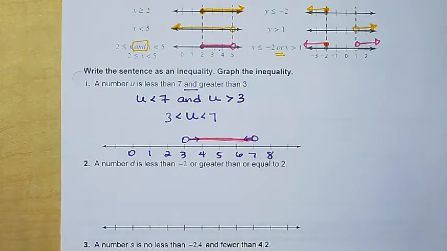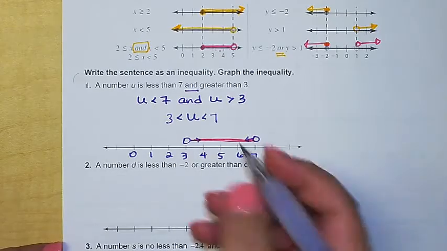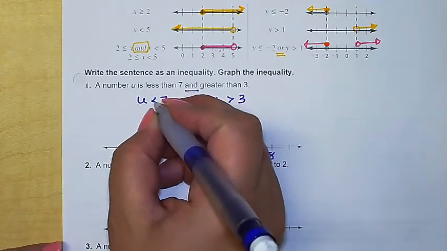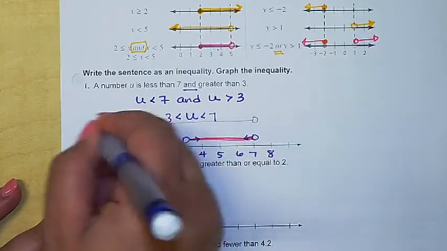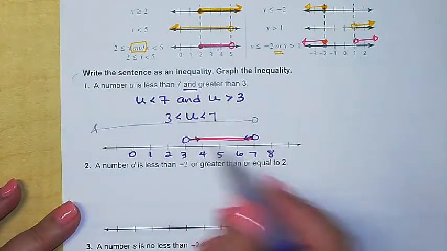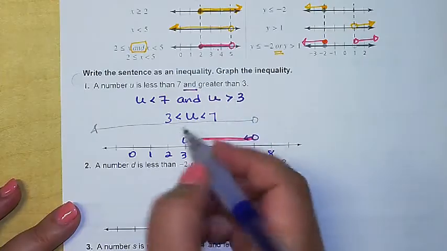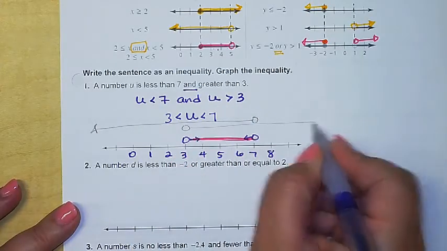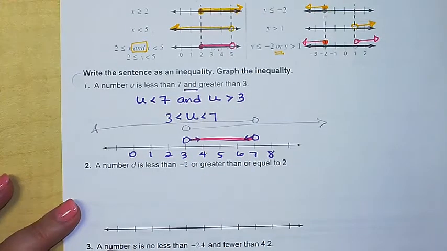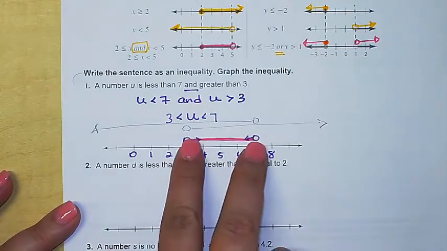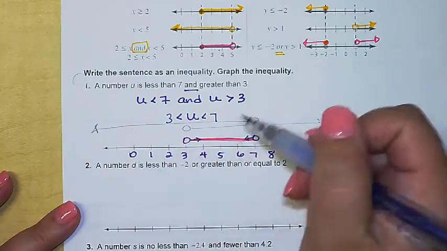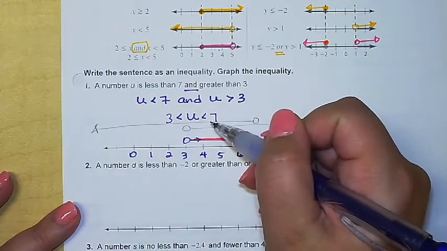Now, what I want you to notice is each individual one had a longer solution. If I had just graphed the u's that are less than 7, that would have been everything in this direction. And if I had just graphed all the u's that were greater than 3, that would be everything in that direction. But since this is an and statement, my final answer is just the section where it is true for both.